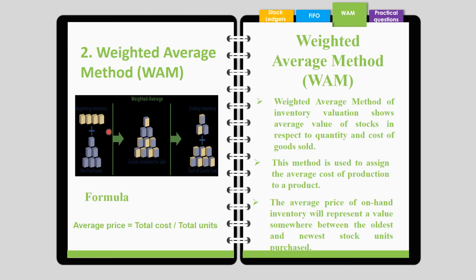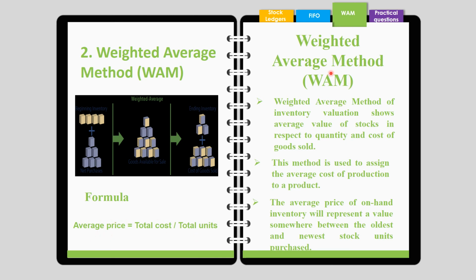Total cost means, if for example I have an older stock of rupees 5 each and a newer stock of rupees 7 each, so total cost will be 5 plus 7 comes to 12, and whatever number of boxes I have, here I have 4, here I have 6, so 4 plus 6 I am going to write here 10. So the total cost of old and new stock will be divided by the total units of old and new stock, and we will decide upon the average price.